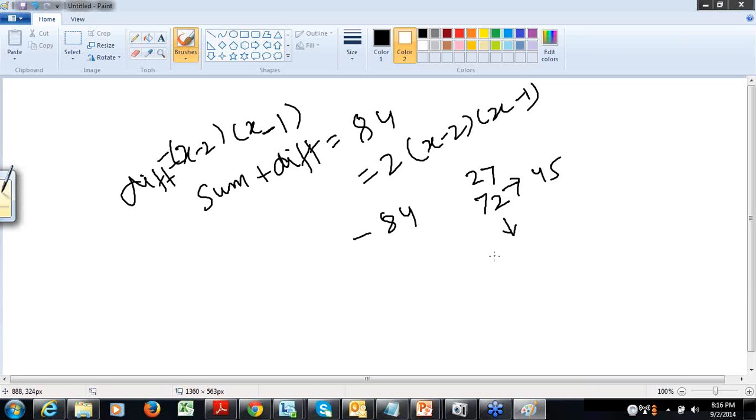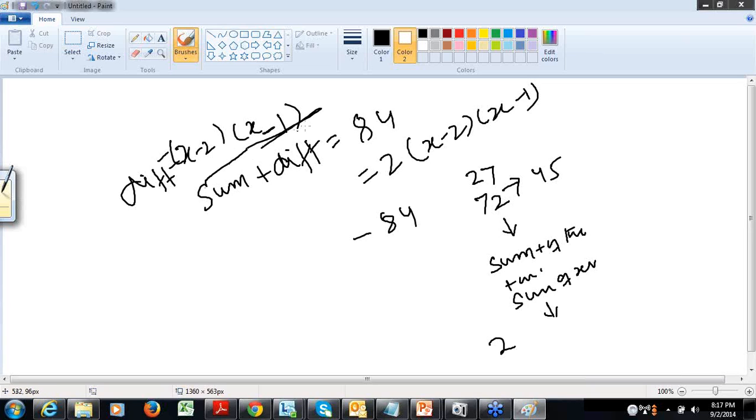So it is saying sum of the two numbers and sum of the reverses will be what? It will be actually 2 times the difference of the two numbers.